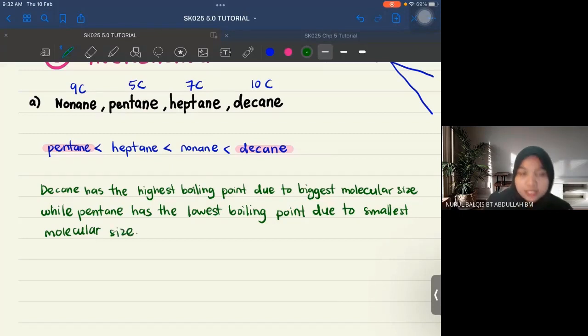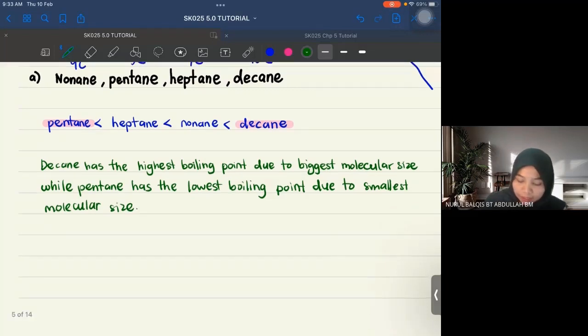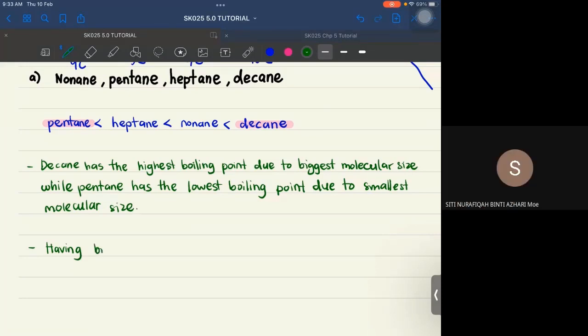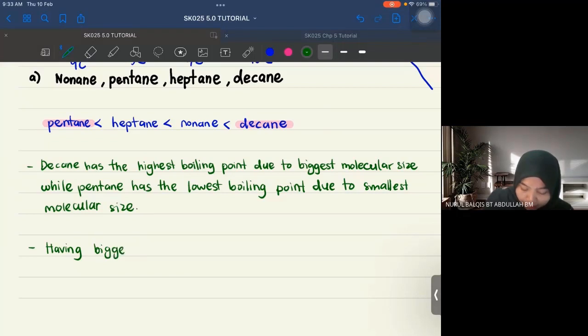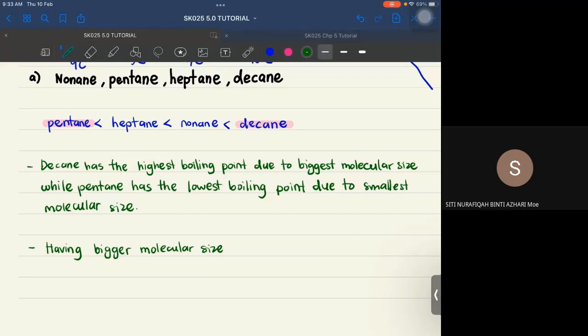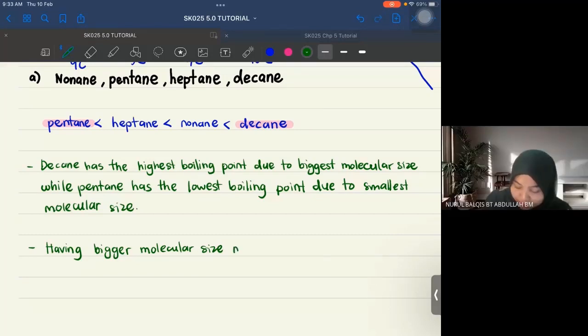Kat sini awak boleh cerita dulu apa yang kita nak cakap pasal bigger surface area ke apa. Okay, lepas tu awak cakap having biggest molecular size. Having bigger molecular size has larger surface area, means larger surface area.